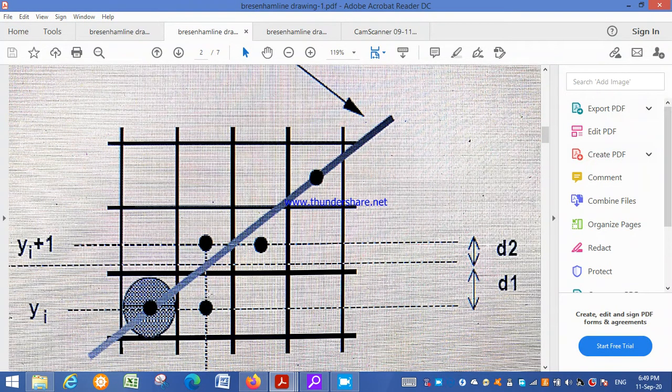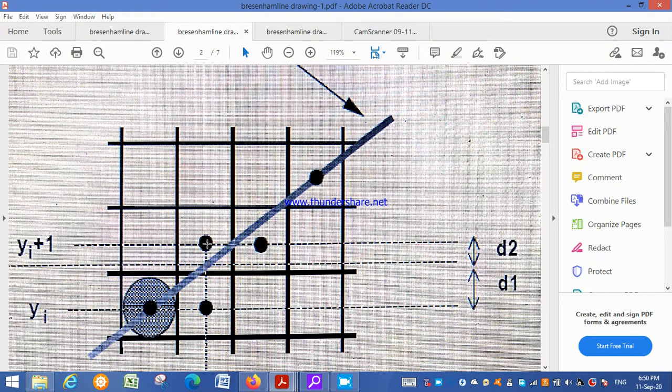To get d2, you have to take yi plus 1 minus y. That is to get this distance d2. To get the d2 distance, yi plus 1 is measured from the bottom, and from this yi plus 1 distance we subtract this position y.